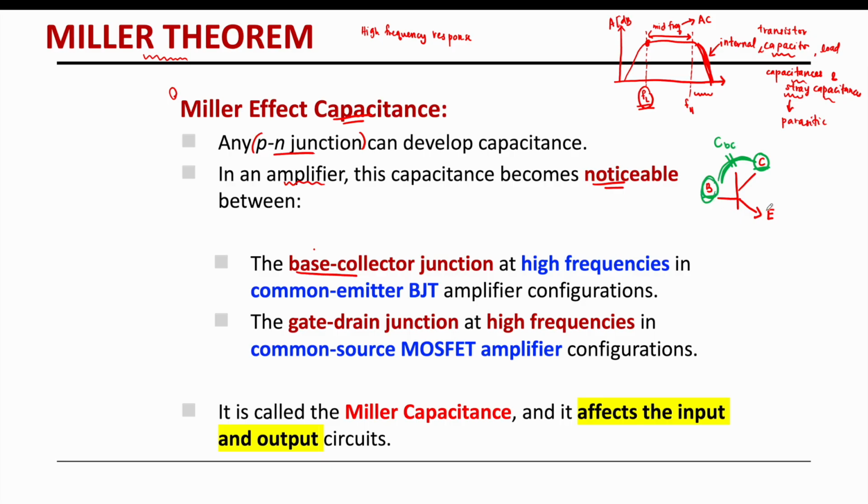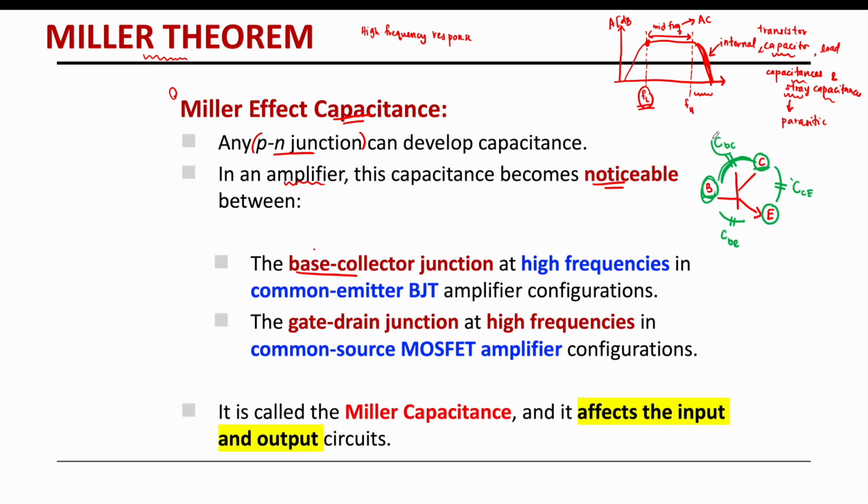Between the base and emitter junction, there is also an internal transistor capacitance known as CBE. And between the CE terminal junction of the transistor, there is an internal capacitance known as CE.